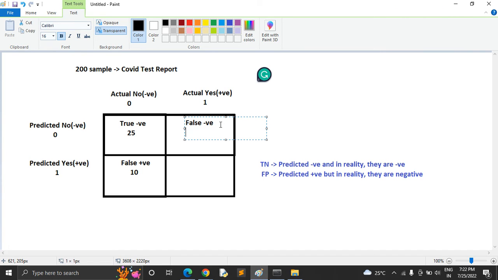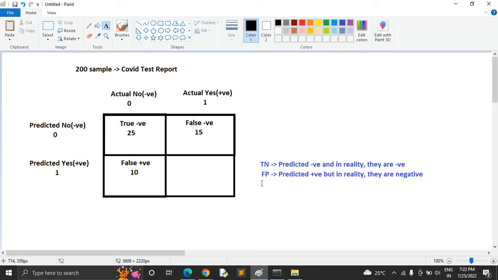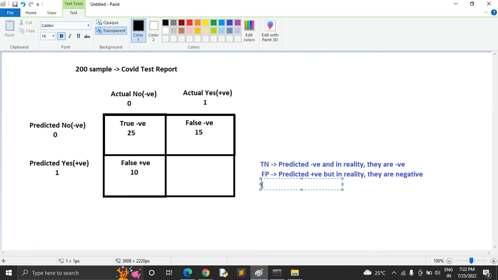right? So let me give the number. Let's say 15 patients are there who have COVID, but the model predicts that they are not COVID positive. Okay, they don't have COVID. This is what your model says, right? This is called false negative. The model is falsely predicting that people are negative.